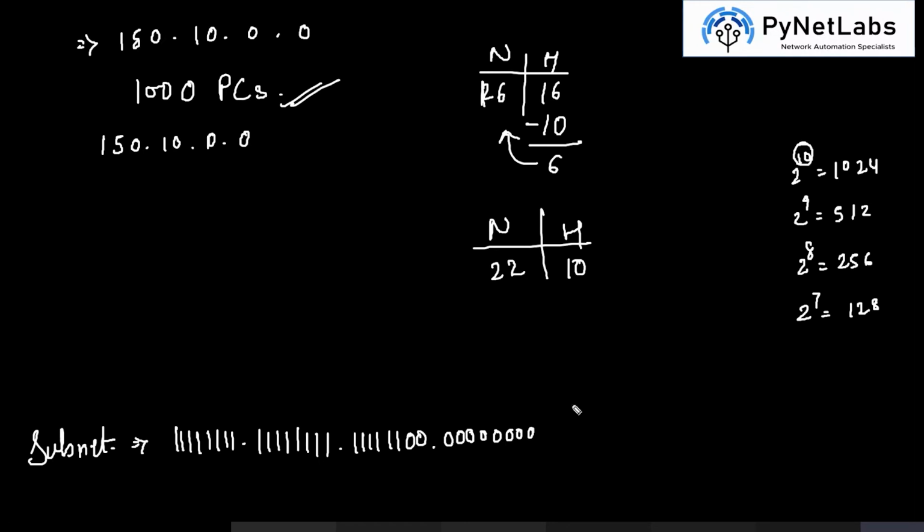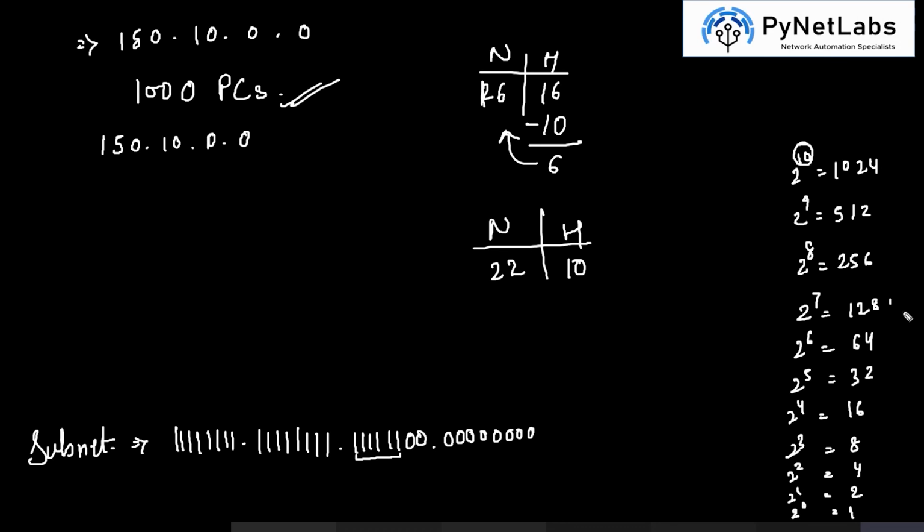Now we will calculate the value of these 6 bits, which will be 128, then 64, 32, 16, and so on, so we have 6 bits.